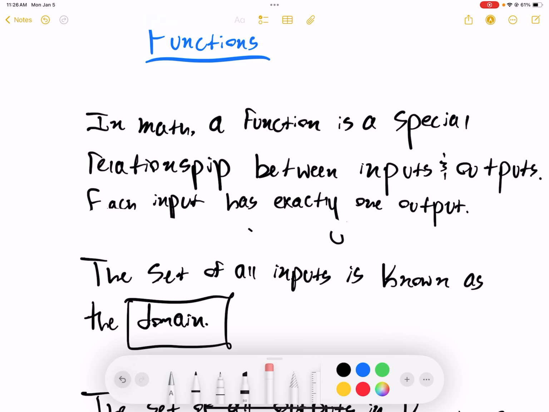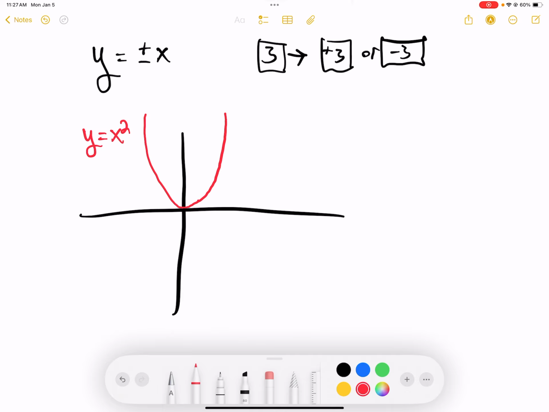For each input, for each value of x on this graph, let's say you pick this point on the graph. The x coordinate is going to be whatever lands right here, and the y coordinate is going to be whatever this value is. So let's just say, x is 3, y is 9, for the sake of having a concrete example.